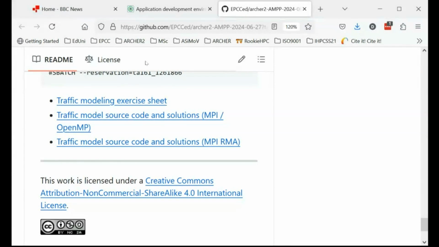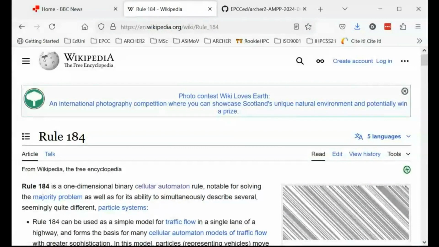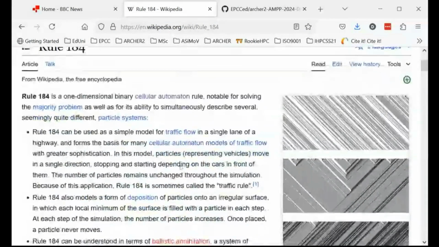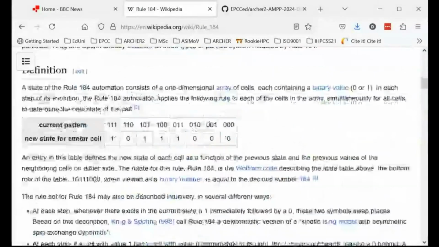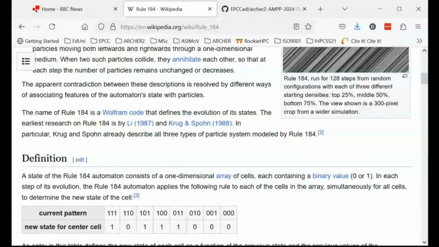If you go to Wikipedia, if you're interested, it's called Rule 184. It's an almost trivial cellular automaton. Quite bizarrely, there's a whole Wikipedia page about it, but that's what the code does.